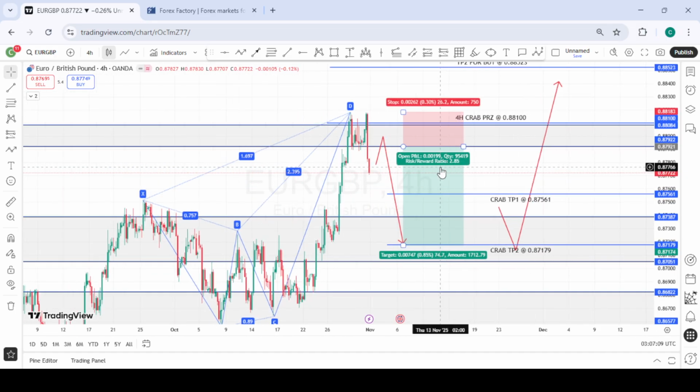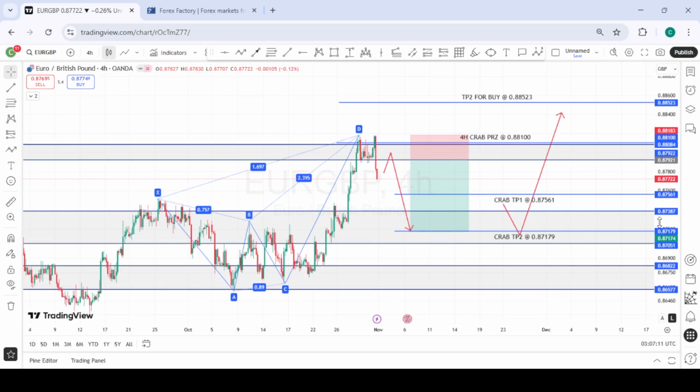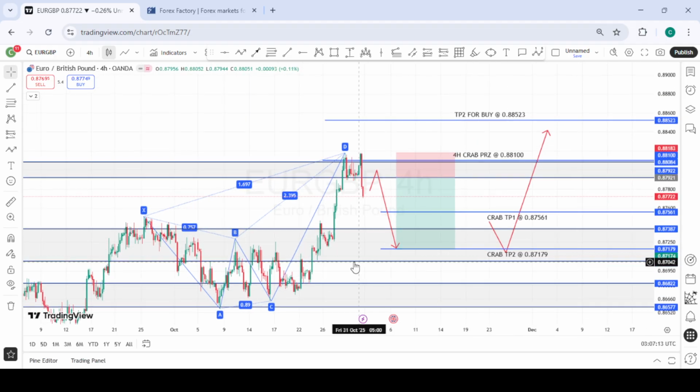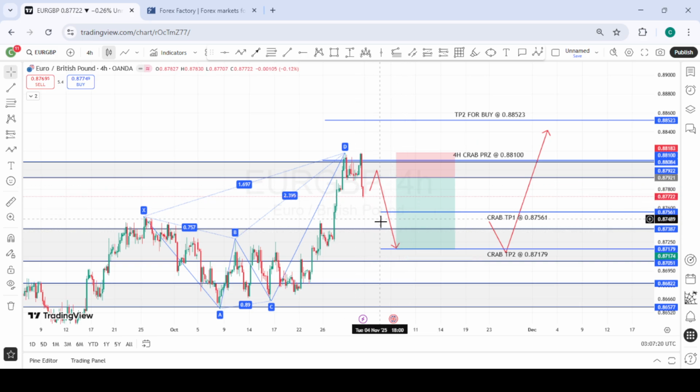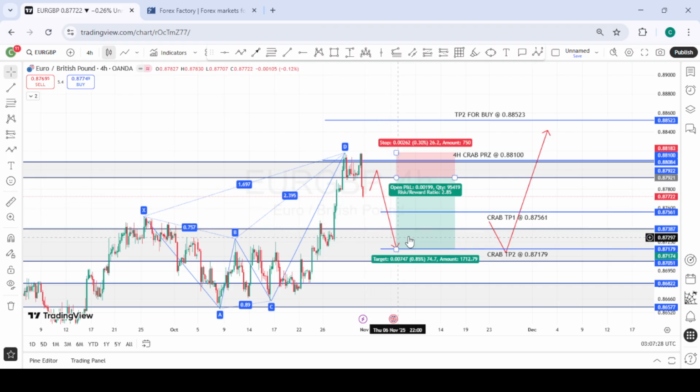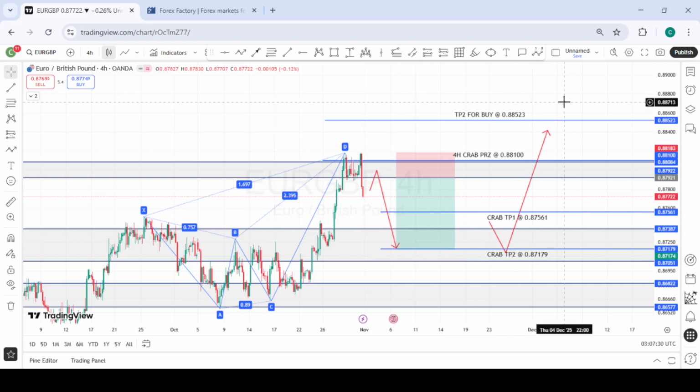And when price pulls back into this area, we will be looking out for bullish confirmations within this zone to take price to the upside. So if we are fortunate for all these moves to happen next week, then we'll be very much interested in taking both for the coming week. But if it doesn't play out completely by next week, then we'll look out for the buys for the upper week ahead.